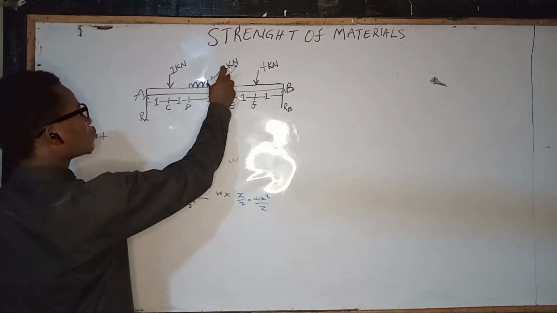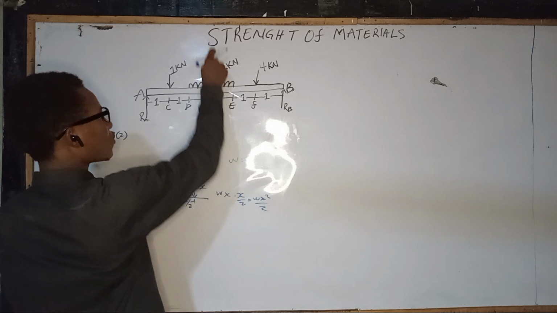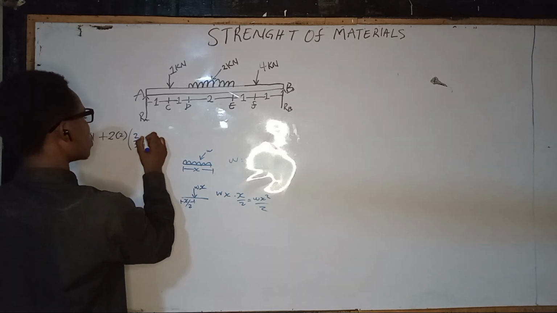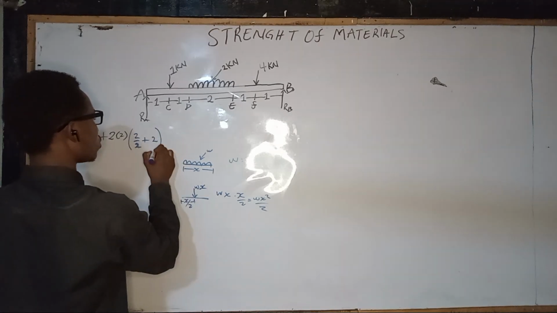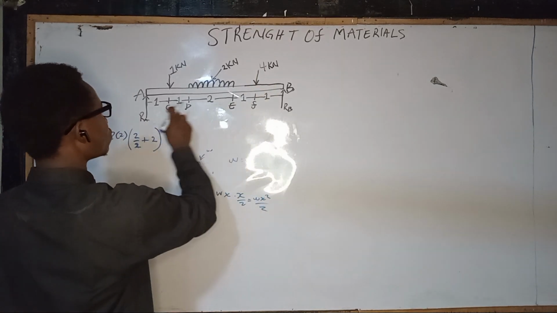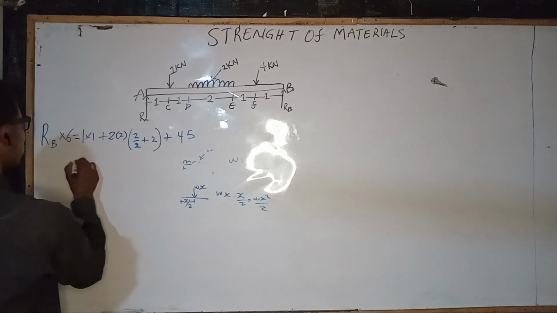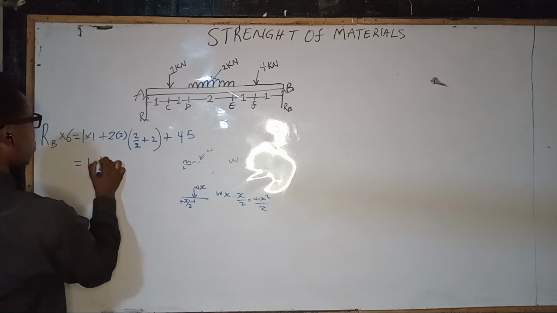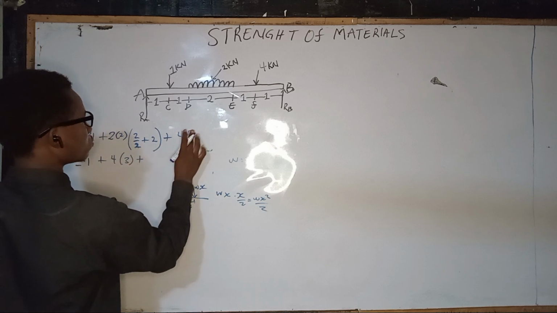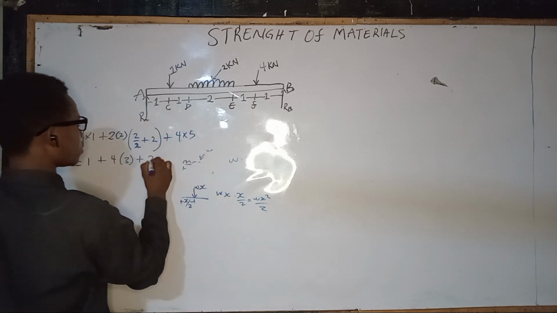But here we have 2 times 2, which is the shearing force, times the distance from the centroid, which is 2 divided by 2, then plus 1 plus 1, that is plus 2. Continuing, we have 4 times 5, which is 20.